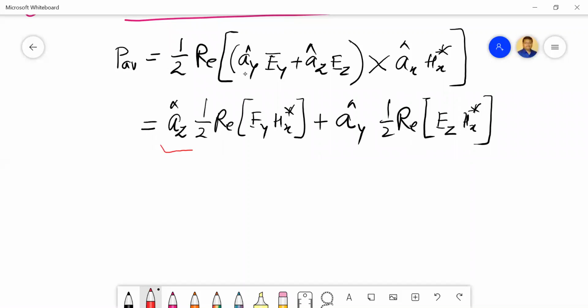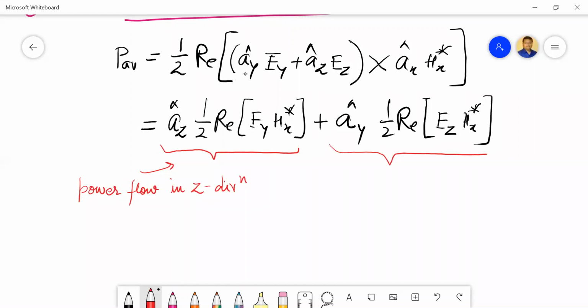The very first term is actually the power flow in the Z direction, which is actually required. Fine. And what is this term? This actually contributes the ohmic losses.